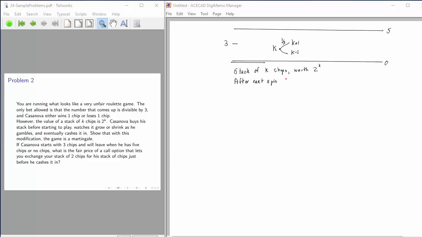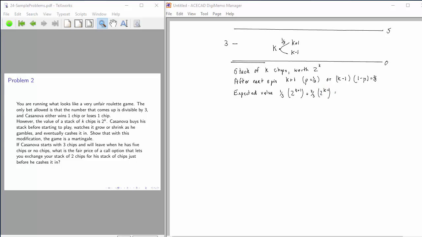He will either have K plus 1 with a probability of 1/3, or he will have a stack of K minus 1 chips with a probability of 1 minus p, which is equal to 2/3. So the expected value of this stack is 1/3 times 2 to the K plus 1 plus 2/3 times 2 to the K minus 1.